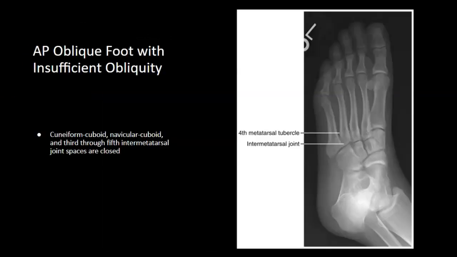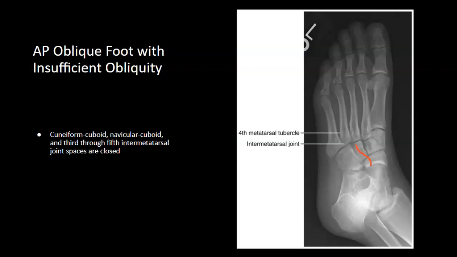So let's take a look at the AP oblique foot with insufficient obliquity. When there's insufficient obliquity, the cuneiform cuboid joint space, the navicular cuboid joint space, and the third through fifth metatarsal joint spaces will all be demonstrated as closed here.